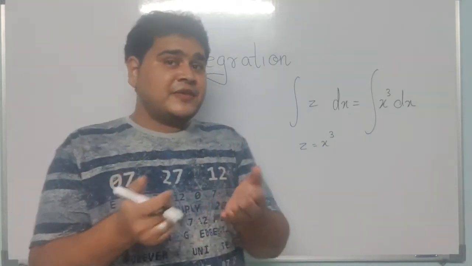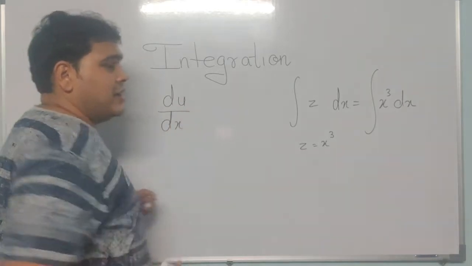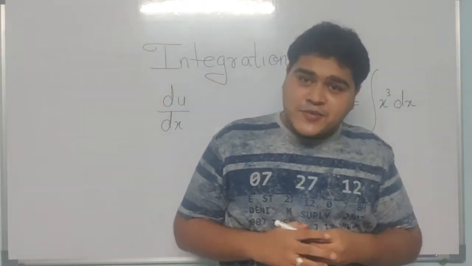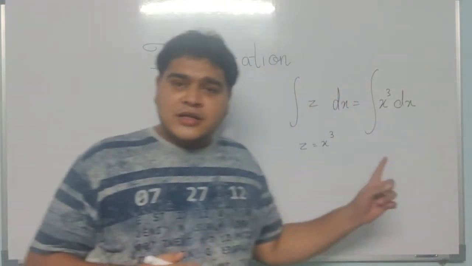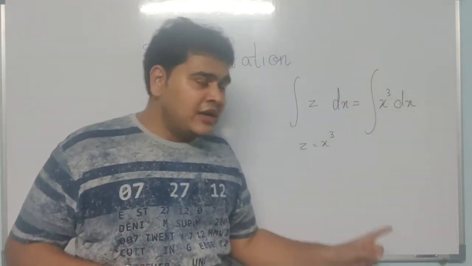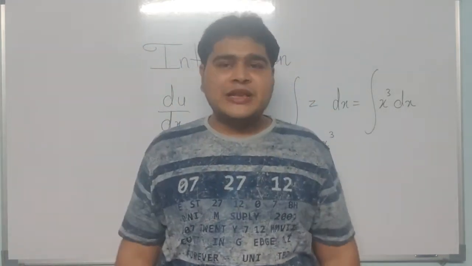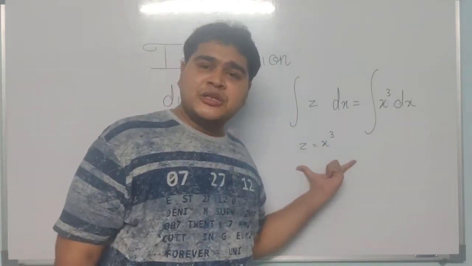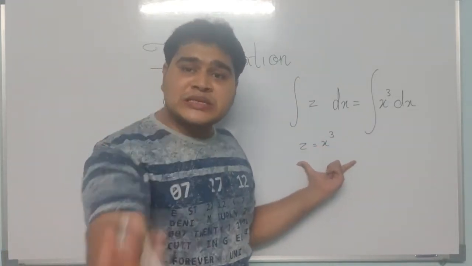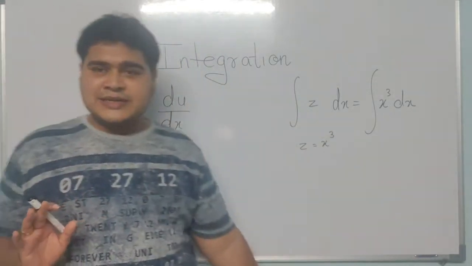Unlike the derivatives, if you remember, du by dx, where u was the dependent variable and x was the independent variable. Here the integration has to be between two variables which are the same. You don't have two variables involved over here. Even if you have, you will have some direct relation as per your physics syllabus goes. Okay? So I hope this part is clear to you.